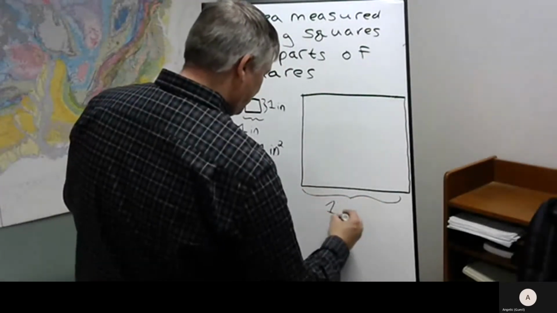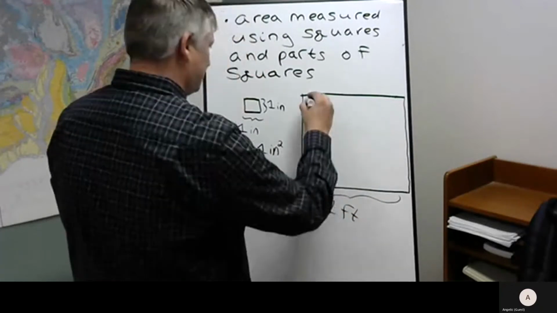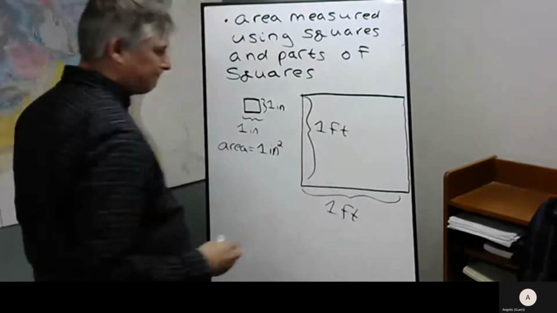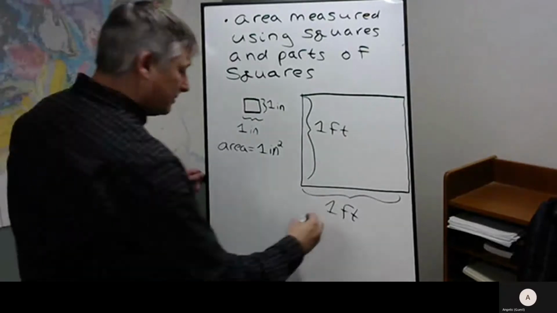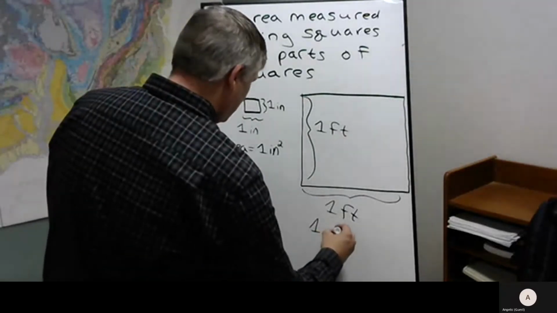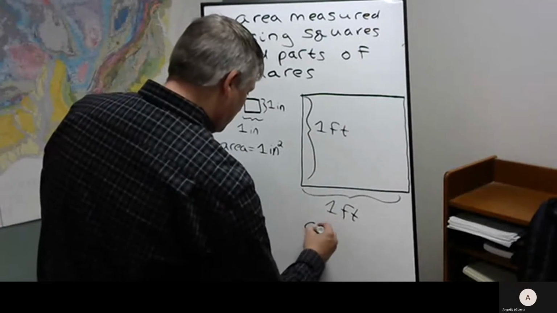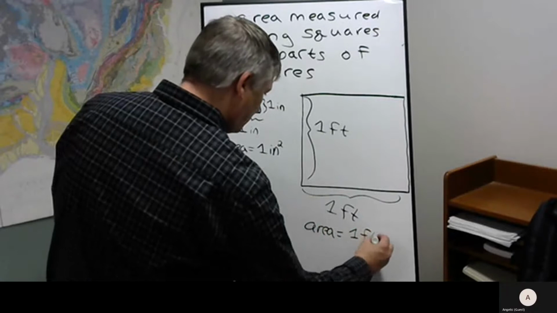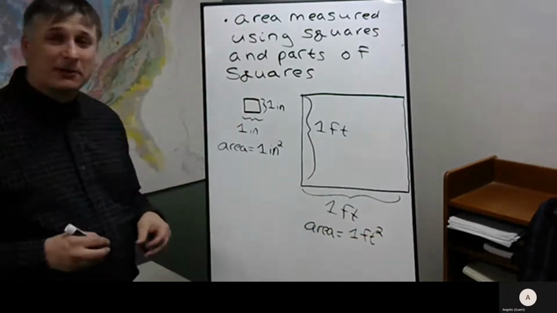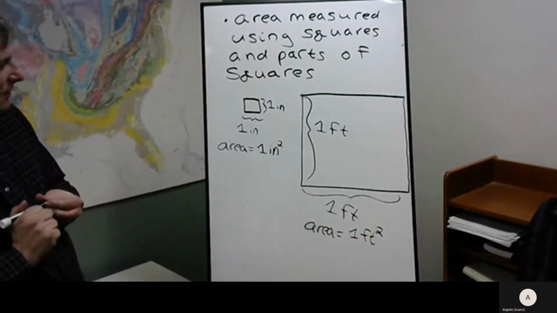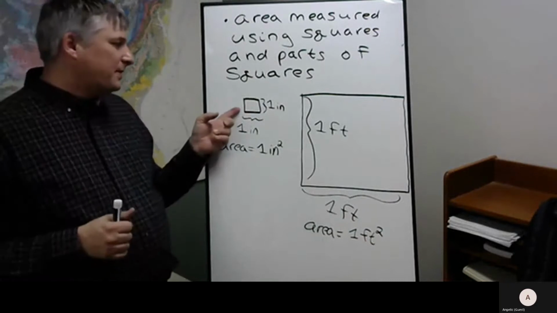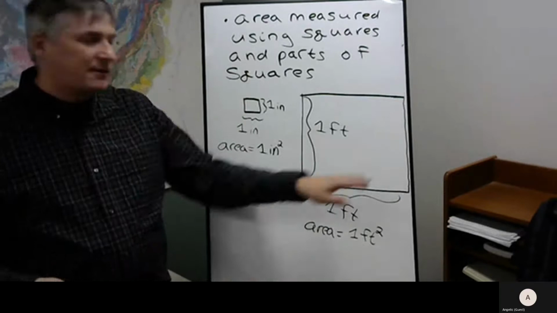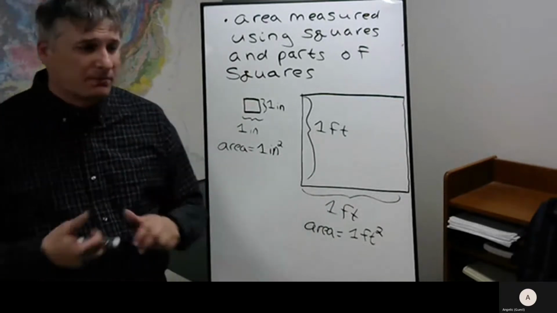Let's say this is 1 foot, and this is 1 foot. So this larger square is going to be 1 square foot. So we might use something like this to measure the surface of a desk, and we might use something like this to measure the floor space of a room.